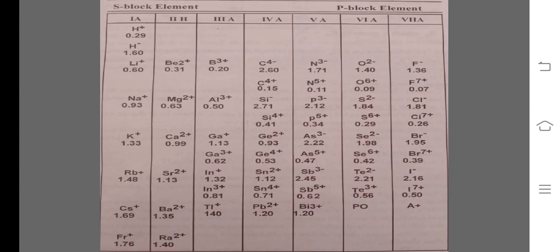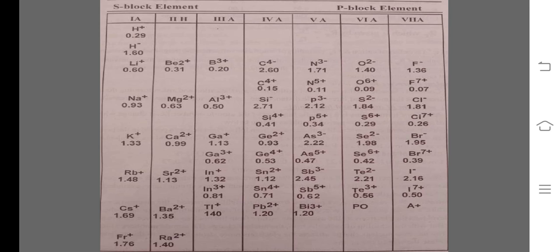And here, when we go left to right in a period, we see lithium plus 0.60, beryllium 2 plus 0.31, boron 3 plus 0.20, carbon 4 plus 0.15, nitrogen 5 plus 0.11, oxygen 6 plus 0.09, and fluorine 7 plus 0.07.